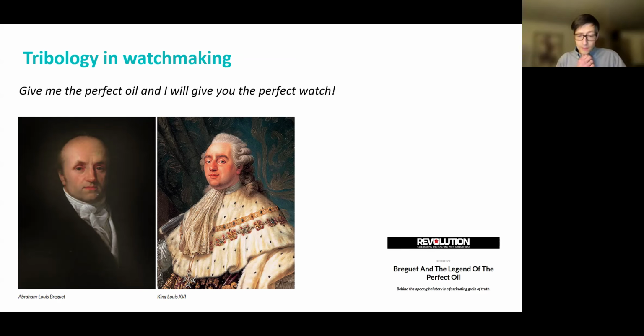Actually, the fact is that the distribution of lubricants was mentioned in the patent for the tourbillon that Breguet submitted as one of the benefits of that invention. I came across that blog post in Revolution on that very subject, so I would suggest you can read through that if you are interested.